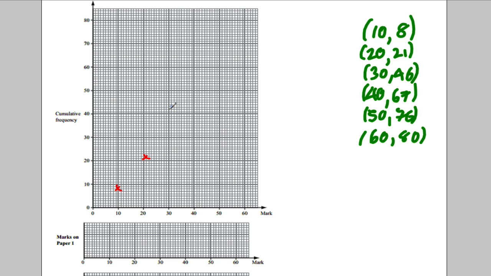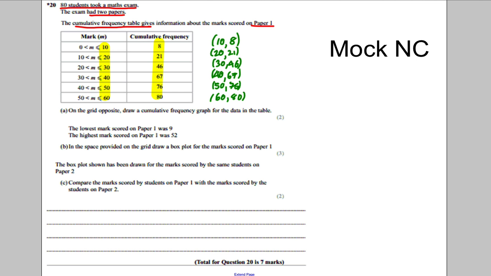So 1, 2, 3, 4, 5, 6 there. It's 40 with 67, so 40 with 1, 2, 3, 4, 5, 6, 7 there. 50 with 76, 50 with 1, 2, 3, 4, 5, 6. And lastly 60 with 80, like that. Join the dots. That, and we could even join that dot back to the start if we want. So there we go, we have drawn the cumulative frequency.